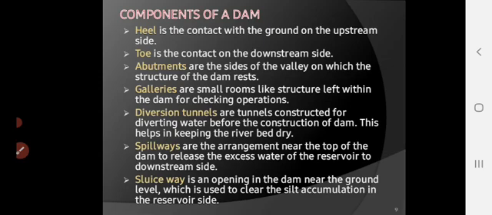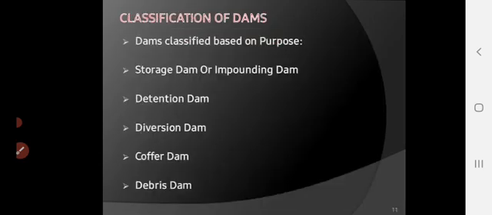Spillways are constructed along with the dam at a lower height and release the excess flood water from the reservoir to the downstream side. Sluice way is an opening in the dam near the ground level which is used to clear the silt accumulation in the reservoir. So a lower level opening within the dam is known as the sluice way. And crest is the uppermost level of the dam.